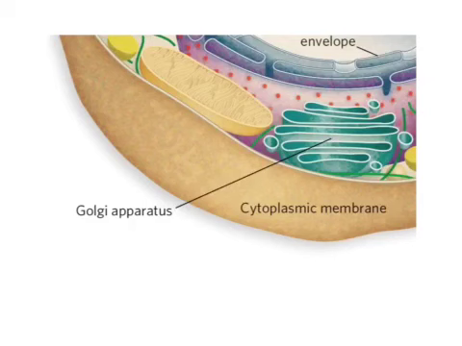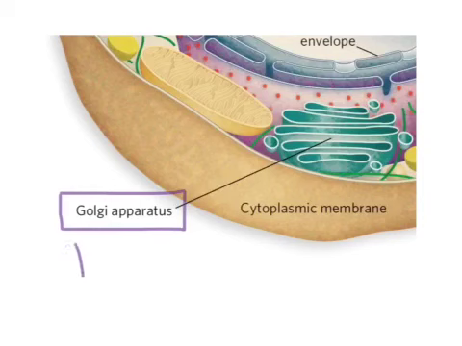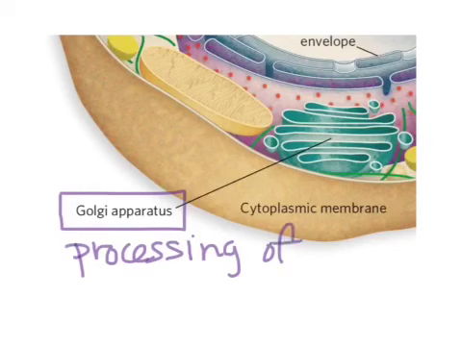Another structure I do want to talk about that's in both kinds of cells is the Golgi apparatus, sometimes called the Golgi body, and it's in the Golgi apparatus that the final processing of proteins occurs. So think of it like the cookies that we packaged up, and the ribosomes make the cookies, the ER packages the cookies, and it's the Golgi apparatus that puts them in the box and puts them on the truck that goes out to the store.